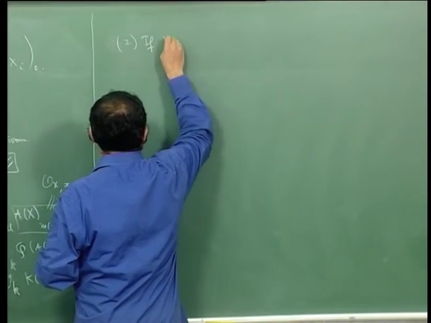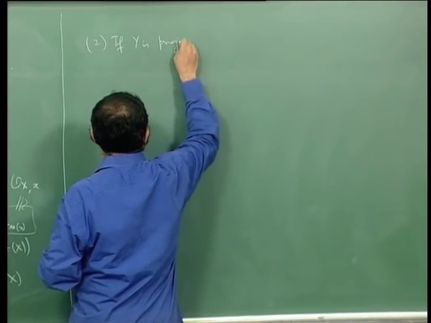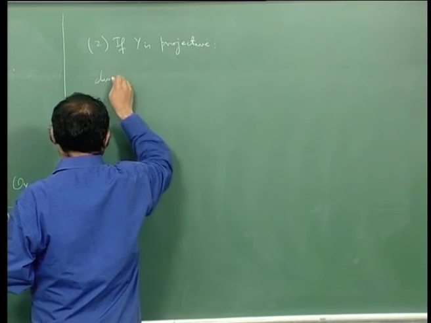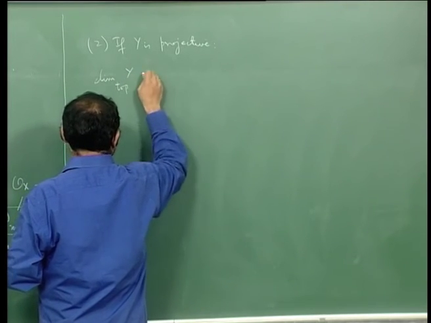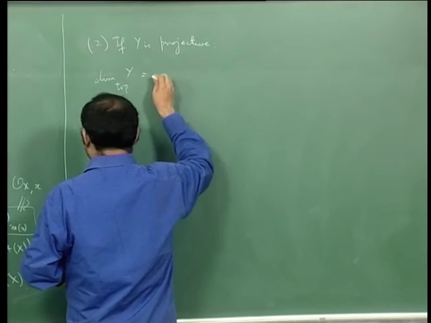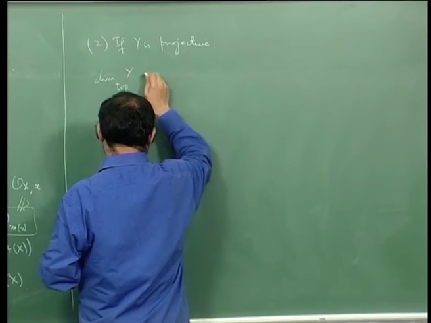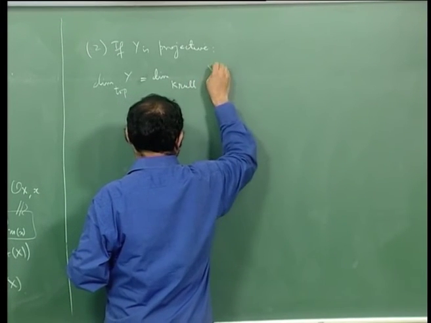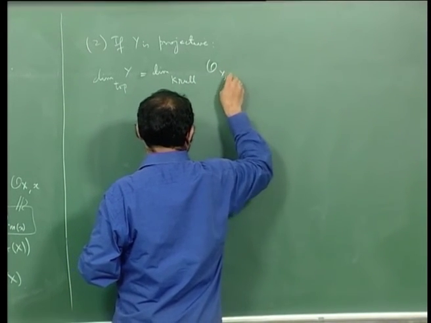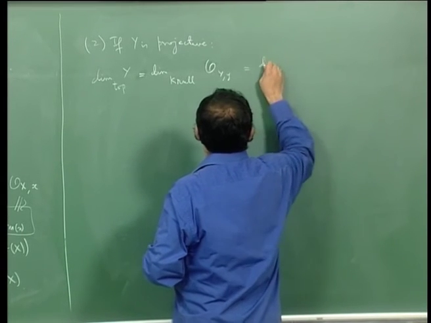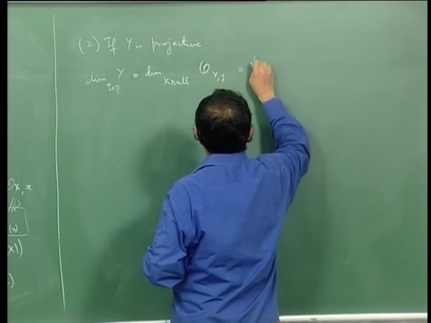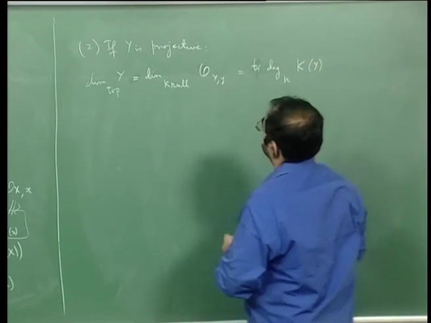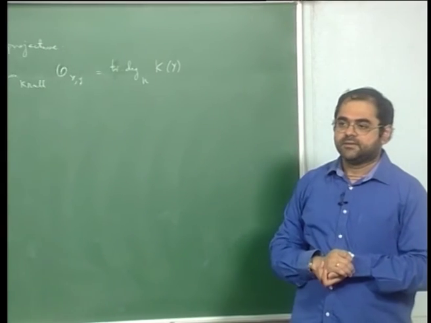If Y is projective, then you will see that dimension Y, the topological dimension of Y, is the same as the Krull dimension of the local ring of Y at a point small y, and it is also the transcendence degree over small k of the function field of Y. This is what will happen, okay.